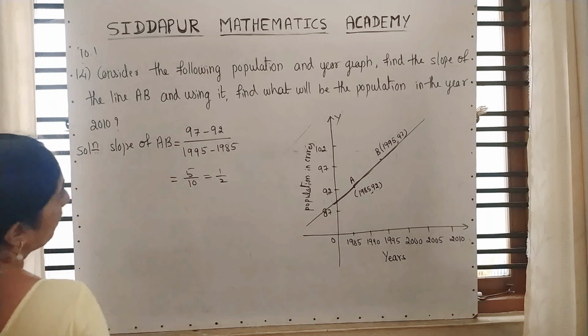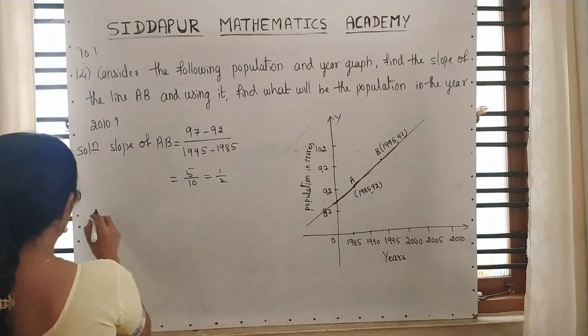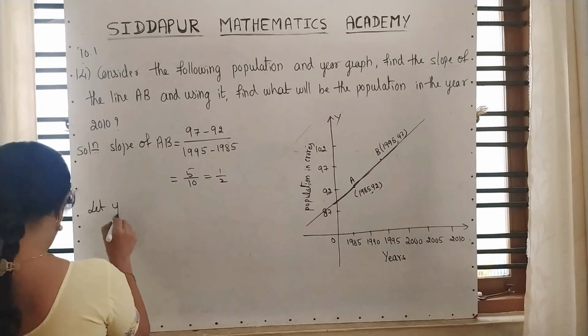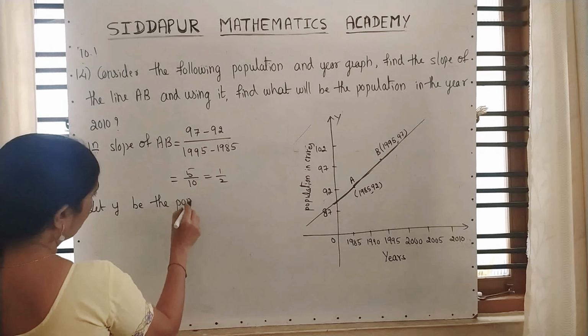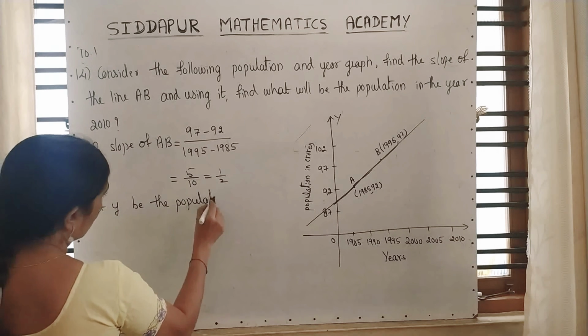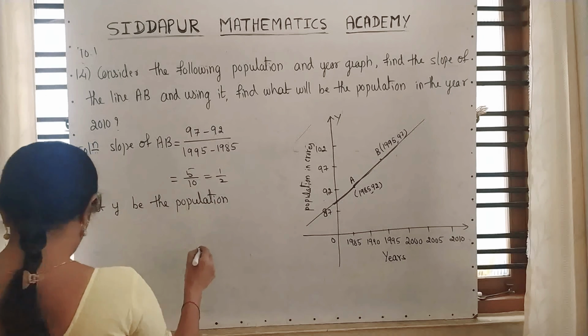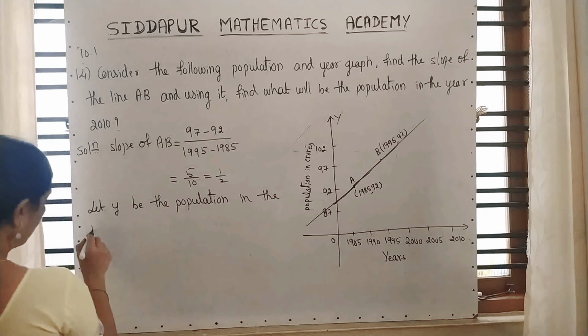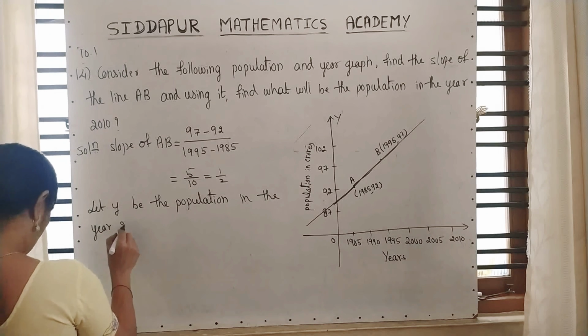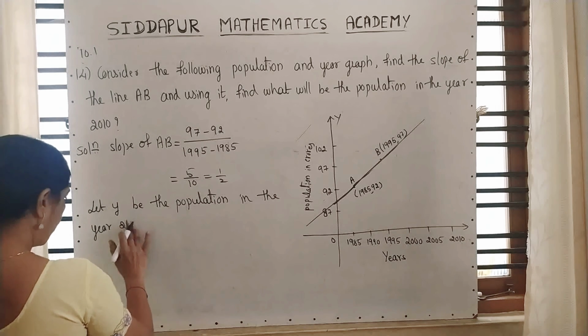Next, we have to find the population in the year 2010. Let y be the population in the year 2010.